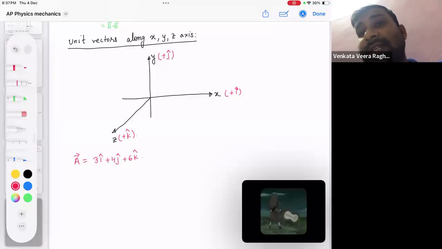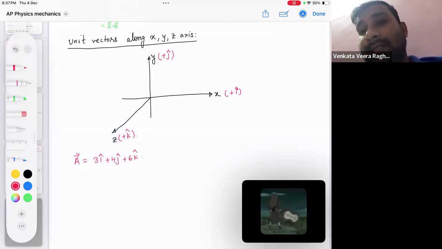In the positive y-axis, we have to move 4 units. And in the positive z-axis, we have to move 6 units. Then we will be able to locate the point where that vector is pointing. So this is the vector A.